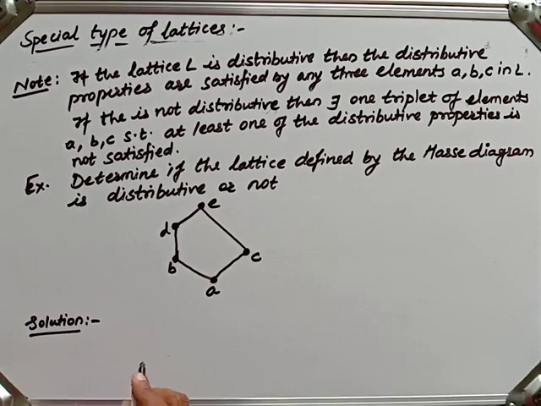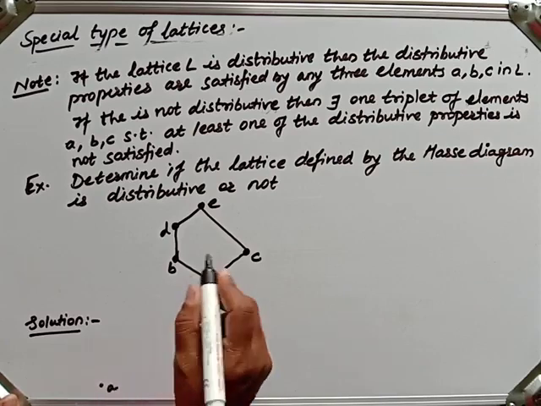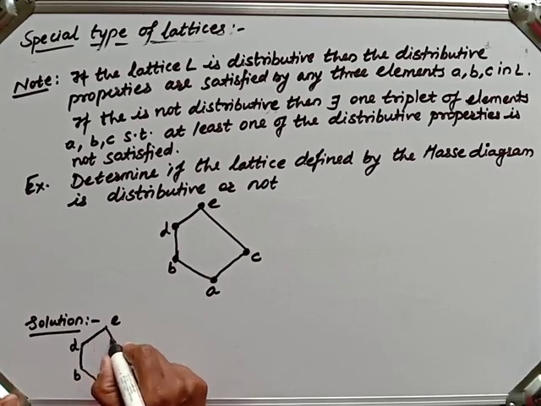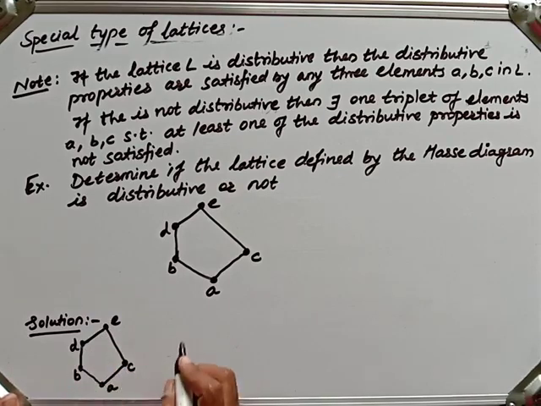let me draw the diagram again so that we can rub this part later on if required. See here B and here E. So it is as such. Fine. So now here let us take the triplet A, B, C first.